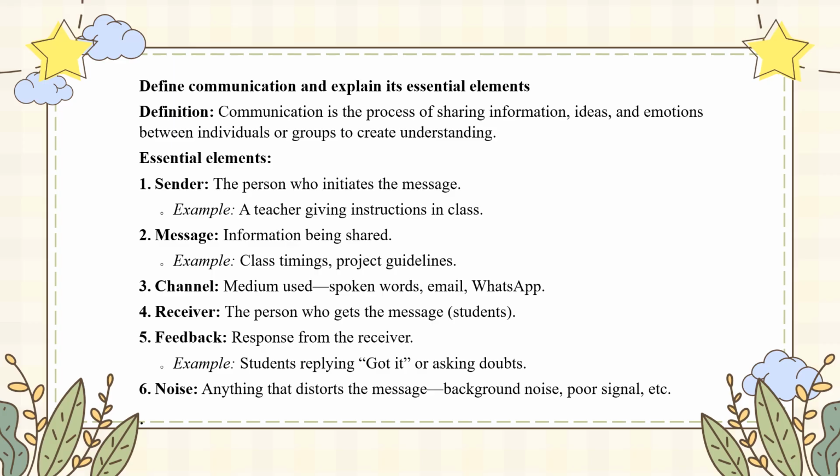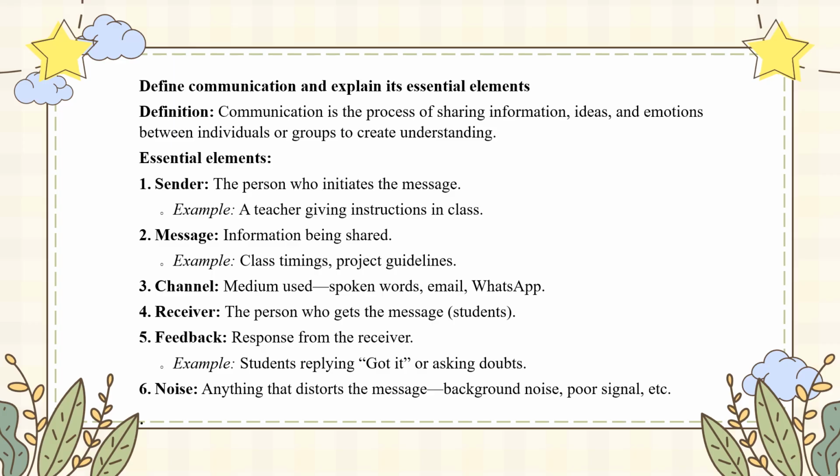Important elements. Firstly, the sender, the person who initiates the message. For example, a teacher giving instructions in class. The message, which is the information being shared, for example, class timings, project guidelines. Channel, the medium used, so spoken words, email, WhatsApp. Receiver, the person who gets the message, usually the students in this case.